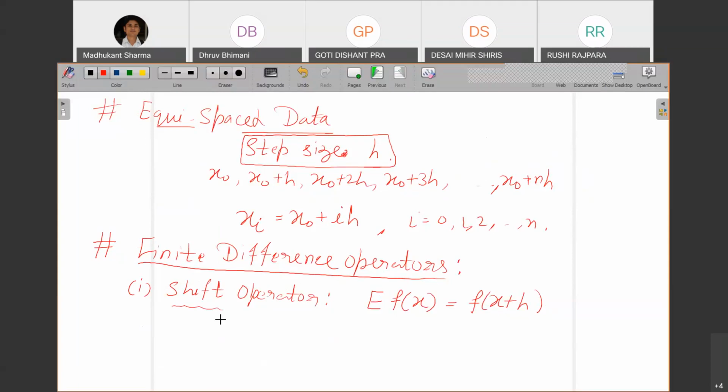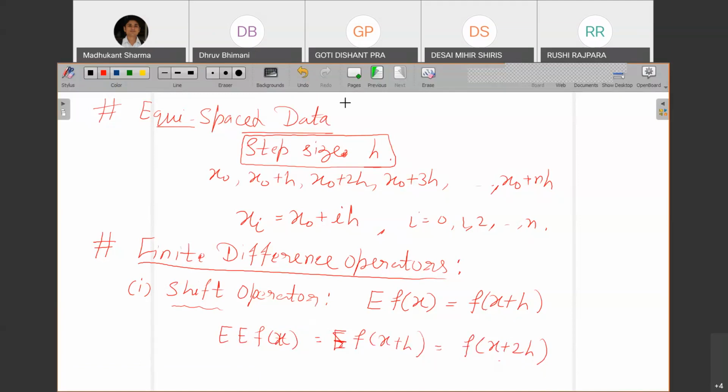If you apply E one more time to f of x, that equals E applied on f of x plus h, which equals f of x plus 2h. So applying E two times on f gives you two steps forward.